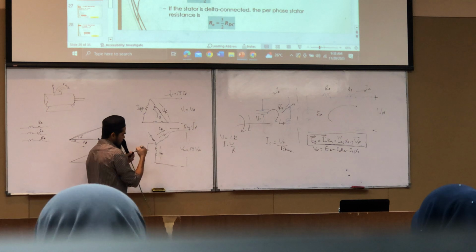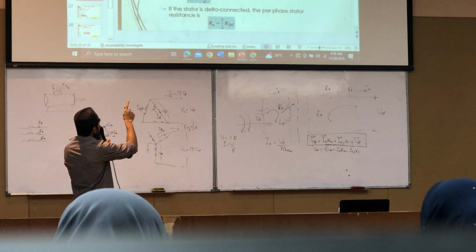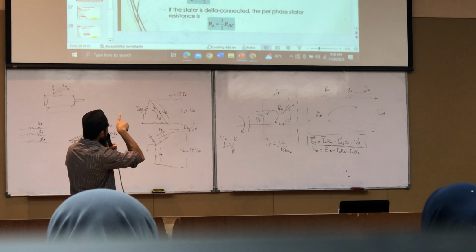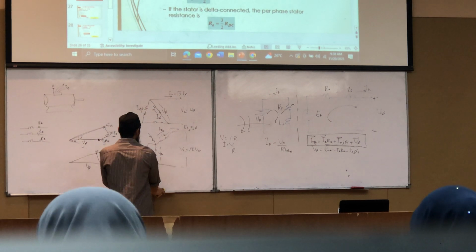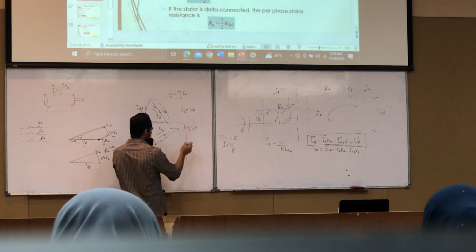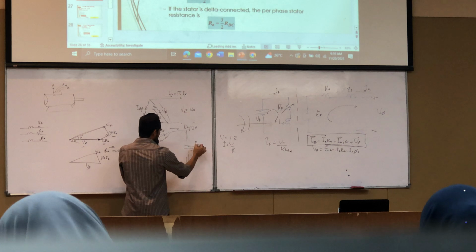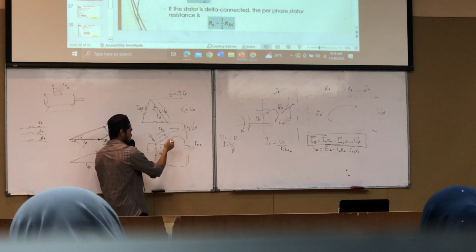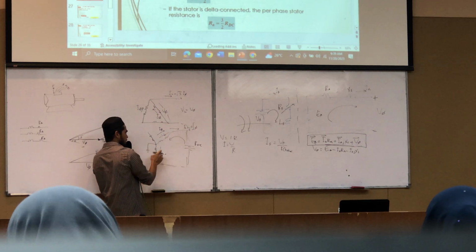Line to line, so the equation will be RA equals RDC divided by 2. Because we put voltage of RDC over here, RDC over here, the current will go into the circuit, passing two components of RA, RA1 and RA2.